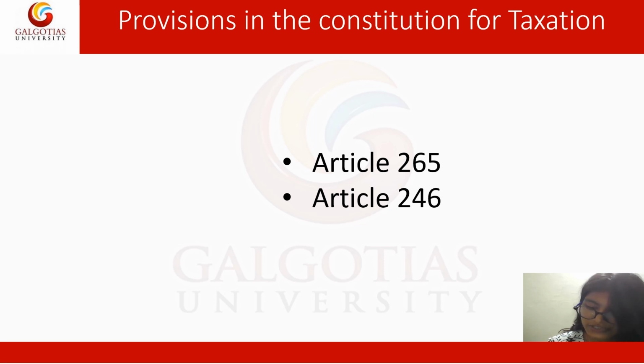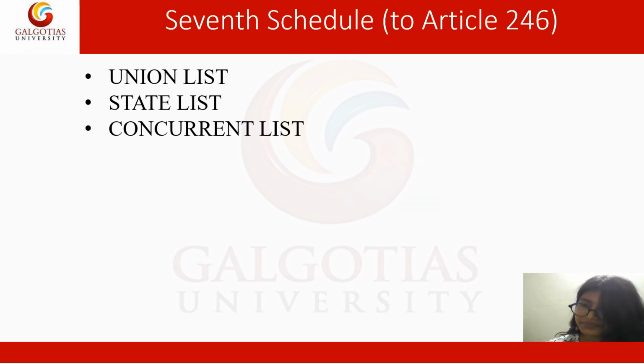The state legislature may make laws for whole or part of the state. So the seventh schedule contains three lists which enumerate the matters under which the union and the state governments will have the authority to make laws.